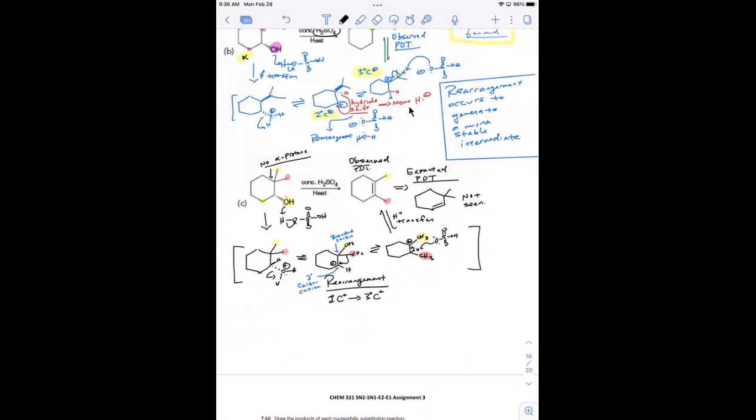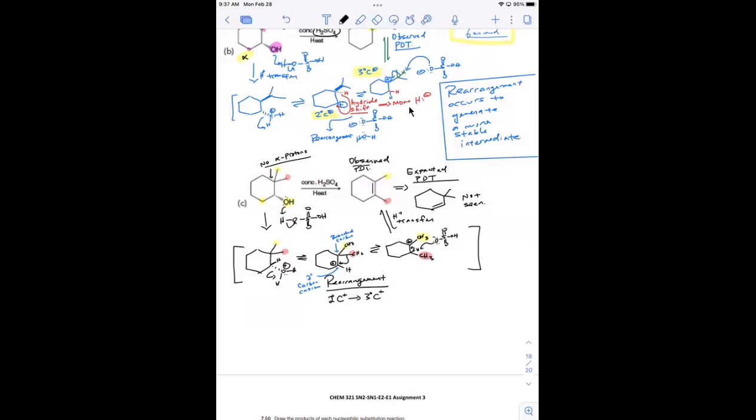So I wanted to show these examples as evidence that the SN1, well, not the SN1, although that could probably undergo some type of rearrangement too under the right circumstances. But the E1, sometimes you'll see these rearrangements happen if the conditions are right, if you have the right type of substrate. And a lot of times, this is not the goal.